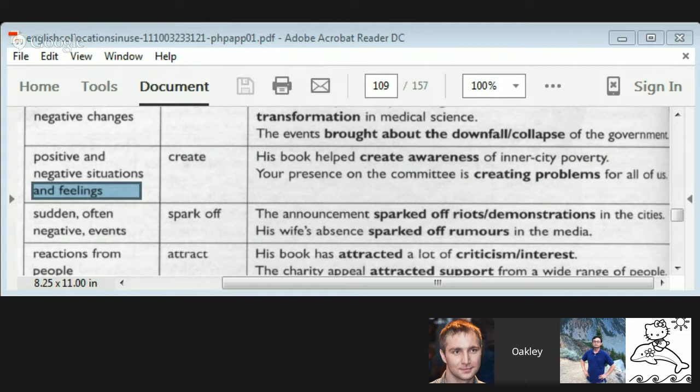Okay. So if you walk into a restaurant, you can create an atmosphere. If you decorate a bar or a restaurant, you can create an atmosphere of fun and festivity. You can create an atmosphere of romance. You can create an atmosphere of austerity. Anything really.